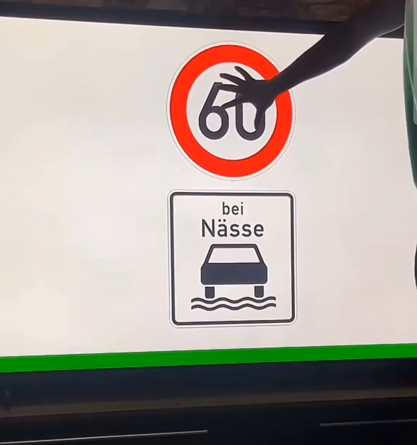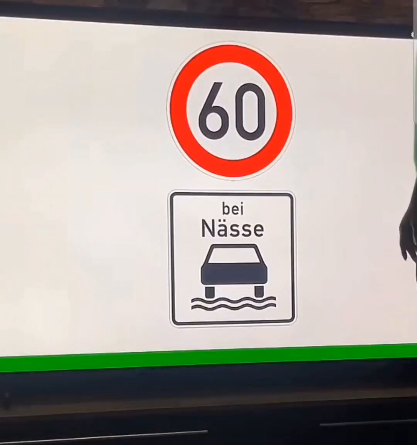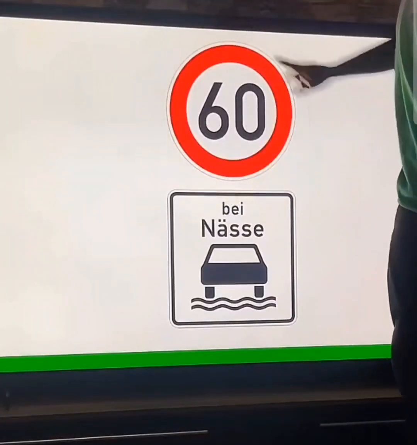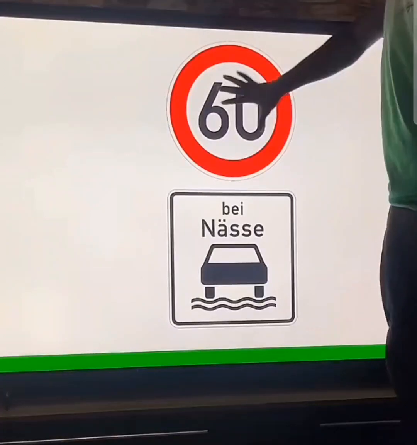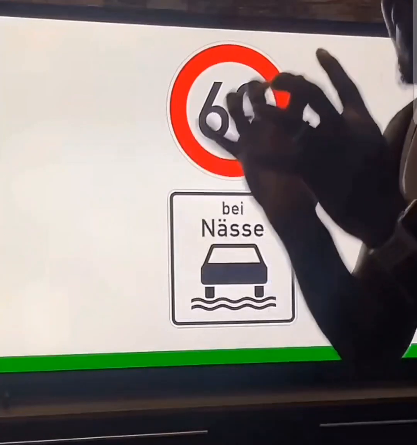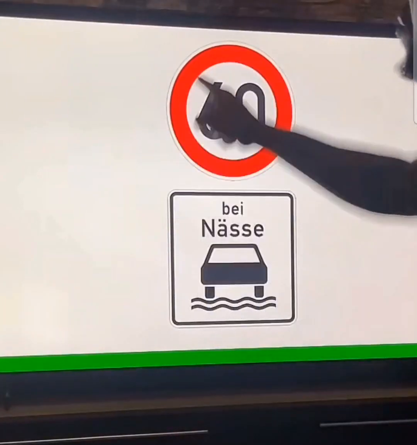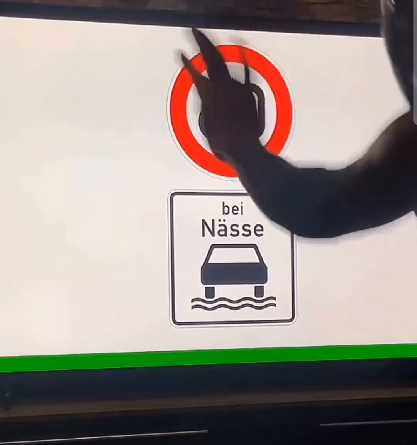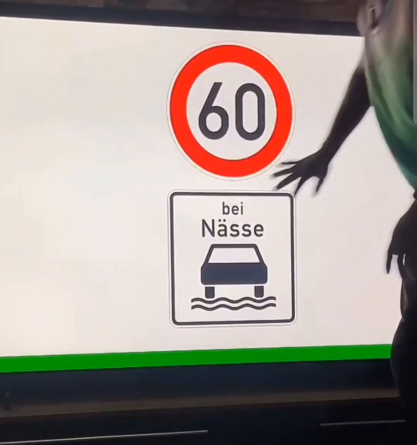You are not allowed to drive more than 60. This sign tells us that you are restricted not to drive more than 60. All right? That's what this sign says.